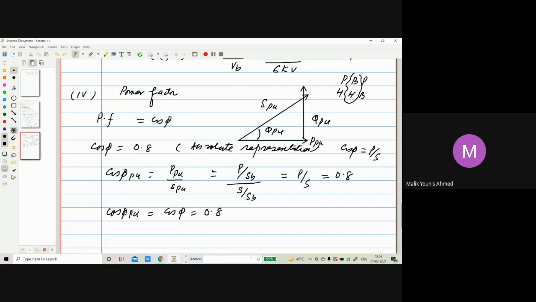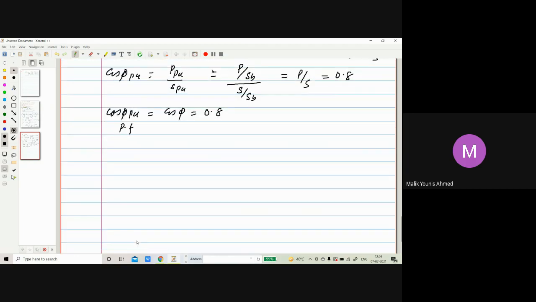You don't need to find it. Power factor in per unit will have the same value as the power factor in the absolute system. You should remember it.